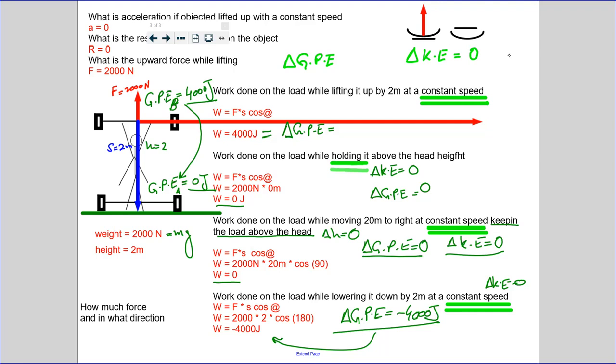The person will definitely get tired even if he's just holding the load above his head. He gets exhausted, and if he walks 20 meters to the right, he will get exhausted more. But why is the work done in our calculation zero? Can you identify something?